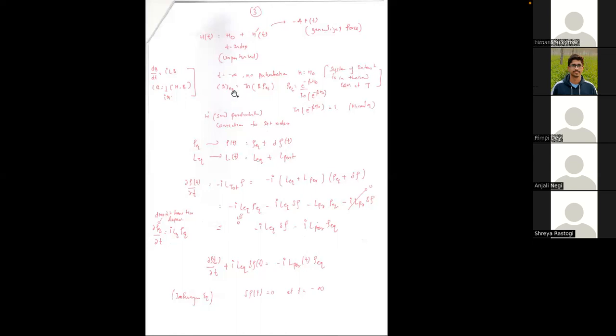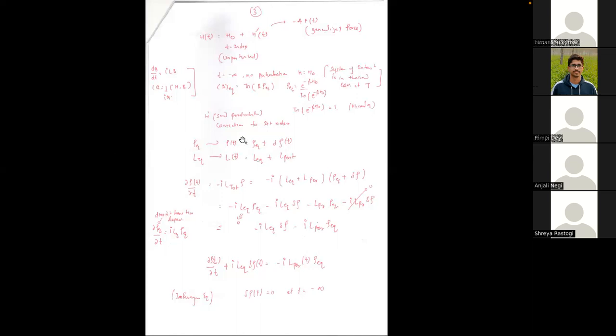At equilibrium, which is the time when there is no perturbation, the average of any quantity is defined as the trace of B times rho equilibrium, where rho equilibrium is e to the power minus beta H naught, divided by the trace. In our case, if you normalize this, you only have the numerator factor.